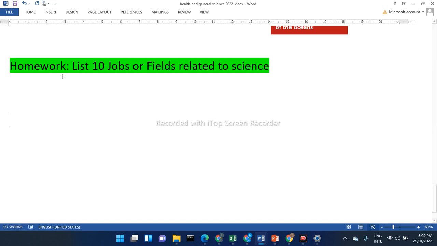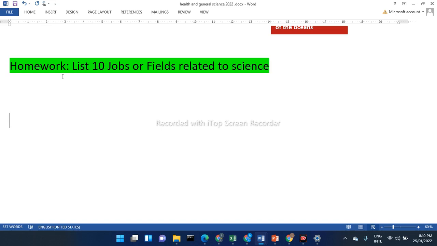Technically, there are many jobs that are related to science. There are not many jobs that are not related to science, right? But when we talk about these jobs, especially when they ask you in the exam which jobs are related to science, choose jobs that are clearly, unambiguously related to science.